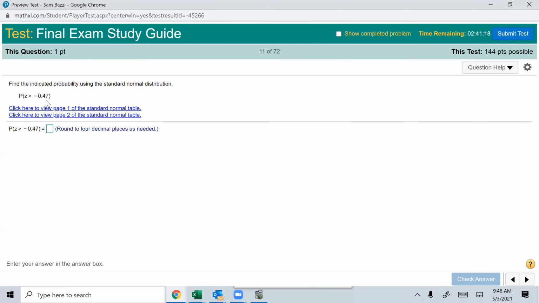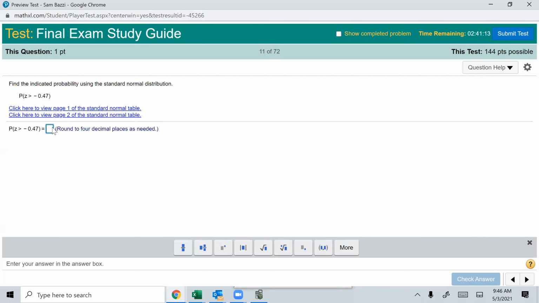Probability of z greater than negative 0.47. So that's going to be normal CDF. Your lower bound is going to be negative 0.47. Your upper bound is the sky is the limit, comma 0, comma 1. Just enter those: lower bound, upper bound, mean, standard deviation, and you should get the answer.